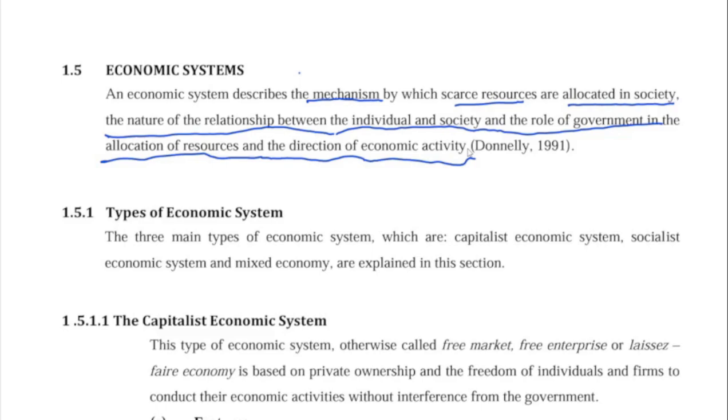So economic system is referring to how scarce resources are being allocated in the society. That's the first one.